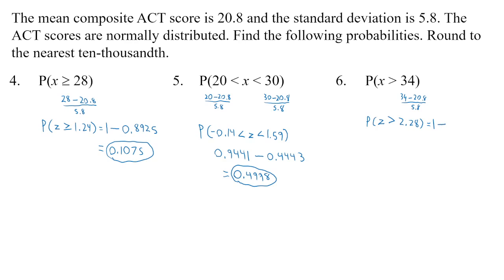So let's look on the z-table. And you will have 0.9887.